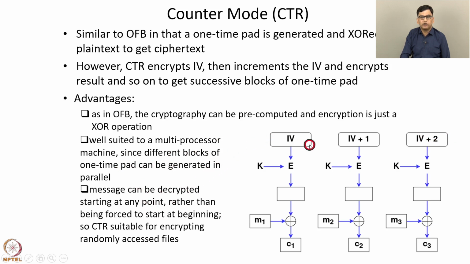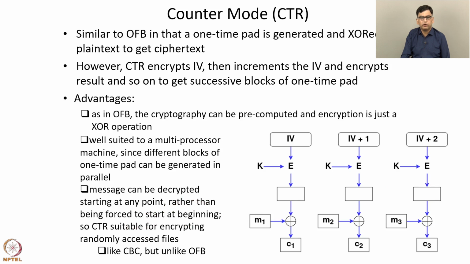This is because if we want to decrypt the nth block of the ciphertext, we just find IV plus n minus 1 and then encrypt that to get the corresponding one-time pad block, and then just XOR that with the nth block of the ciphertext to get the corresponding plaintext. So the message can be decrypted starting at any point rather than being forced to start at the beginning. So hence CTR is suitable for encrypting randomly accessed files.